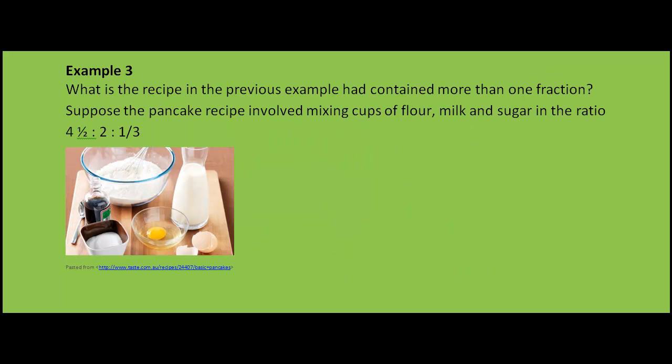Let's look at a slightly different pancake recipe. Suppose this pancake recipe involves mixing cups of flour, milk and sugar in the ratio 4½ is to 2 is to 1/3. A healthier recipe because it has less sugar. At the moment, the ratio has not been written in the right format. Once again, we find that it has fractions in it.